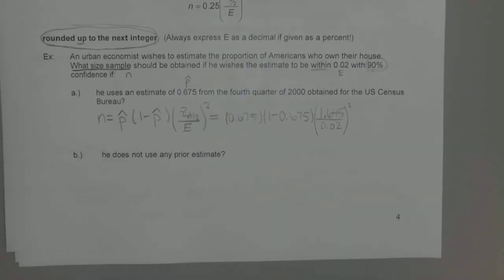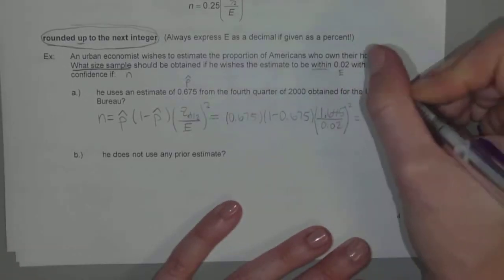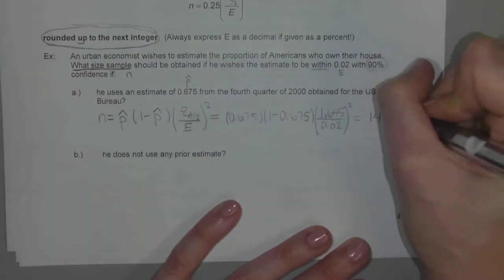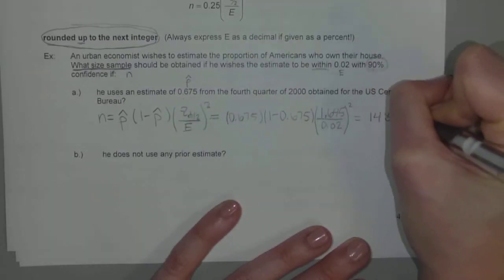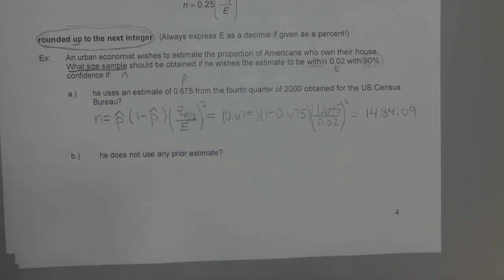All right, if you put it in your calculator exactly like that, with parentheses where they are, you're going to get something that's not a perfect even number, but we're going to round up. So if you put it in your calculator, you should get 1,484.09. This is where it feels so wrong, right?